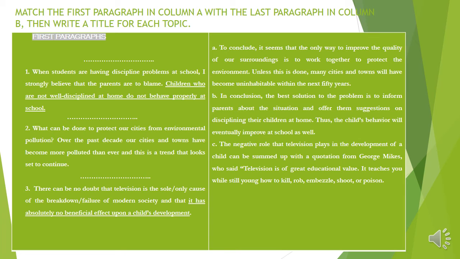All right, now let's discuss together. Number one: when students are having discipline problems at school, I strongly believe that the parents are to blame. Children who are not well disciplined at home do not behave properly at school. This is the first paragraph. And what is the last paragraph? A, B, or C?